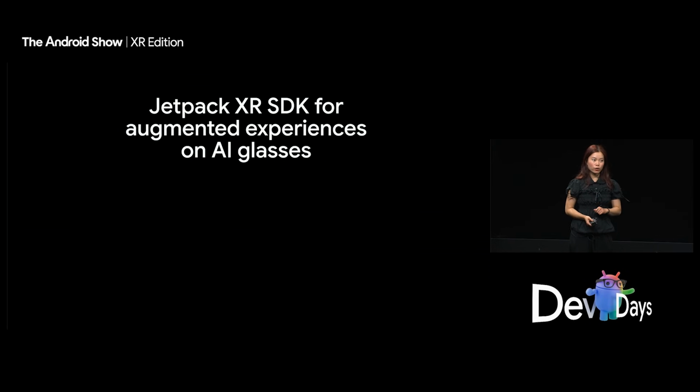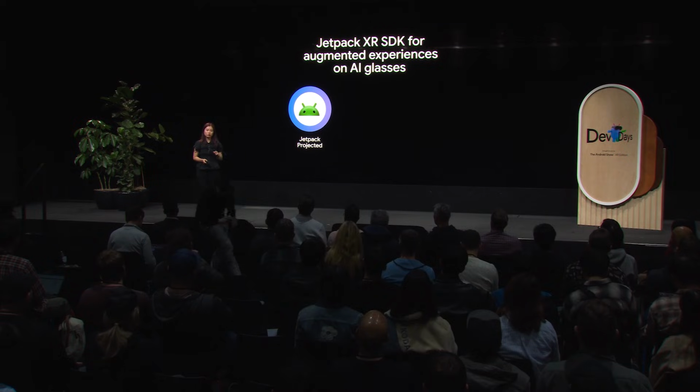For the Jetpack XR SDK, we are introducing major updates tailored for building augmented experiences on AI glasses. The first of these updates is the addition of two new Jetpack libraries focused on user experience and display. The Jetpack Projected library is built to bridge the gap between mobile and AI glasses, with features that allow you to manage resources on your glasses.